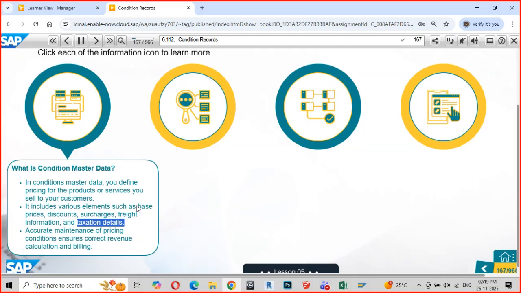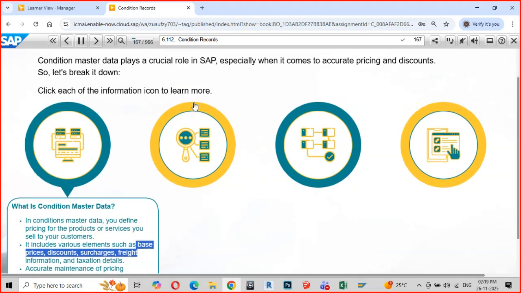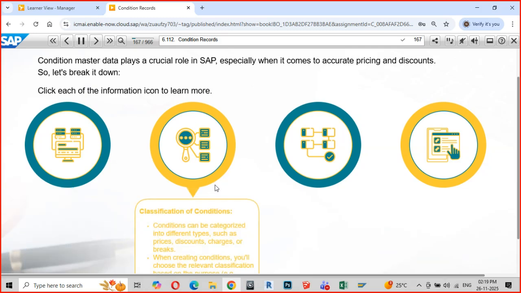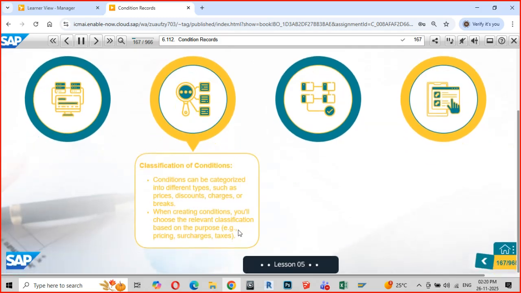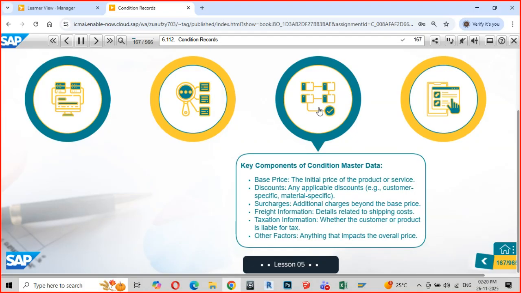Various elements such as the base price, the discounts, surcharges, the rate information, and the taxation details. Now, what is this? Let us read. Classification of the conditions: prices, discounts, charges. Key components of the condition master records.